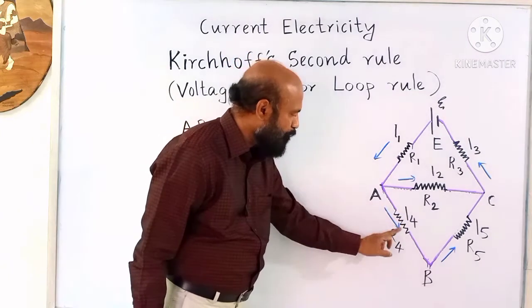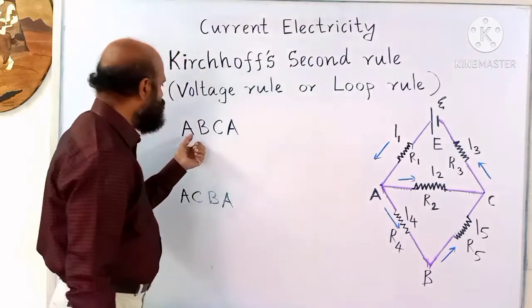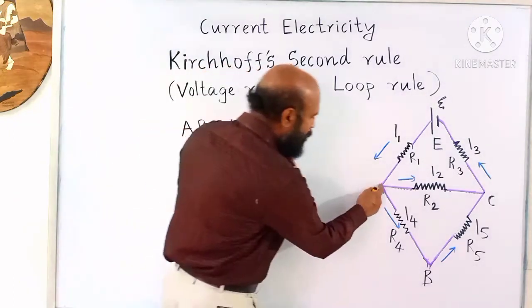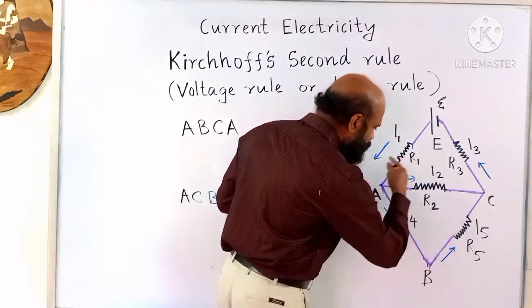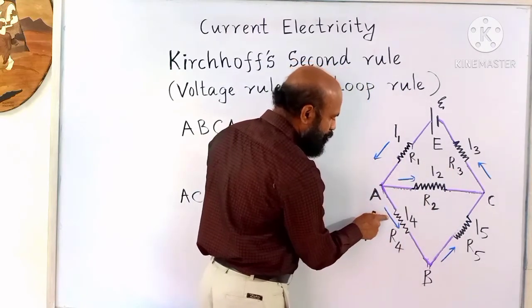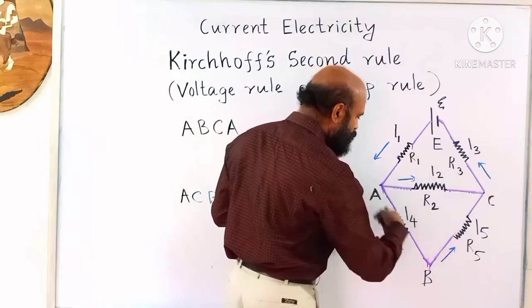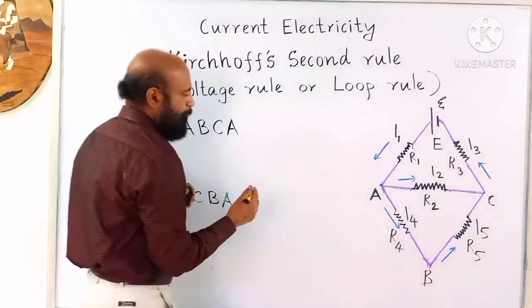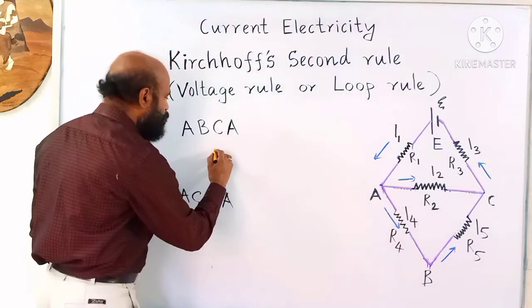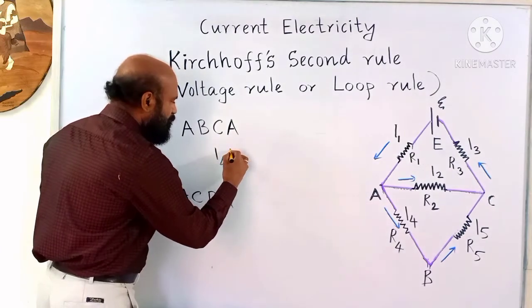So this is the direction of the current. Loop is in this direction, ABCA. So direction of the current is in the same direction as the loop. So positive, plus I4 R4.